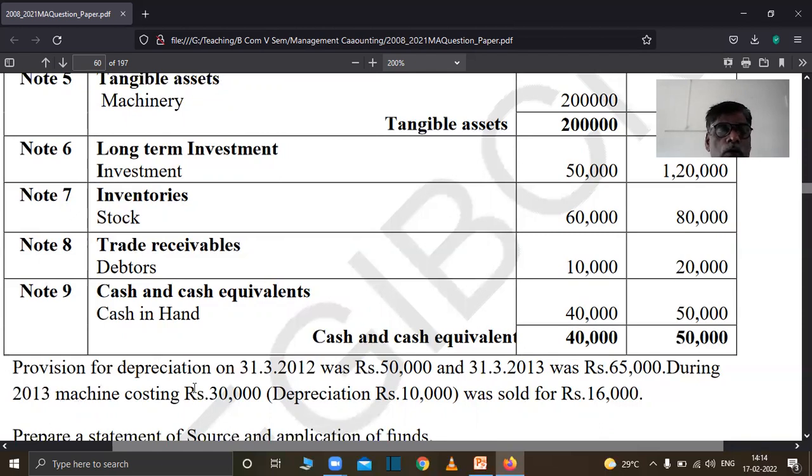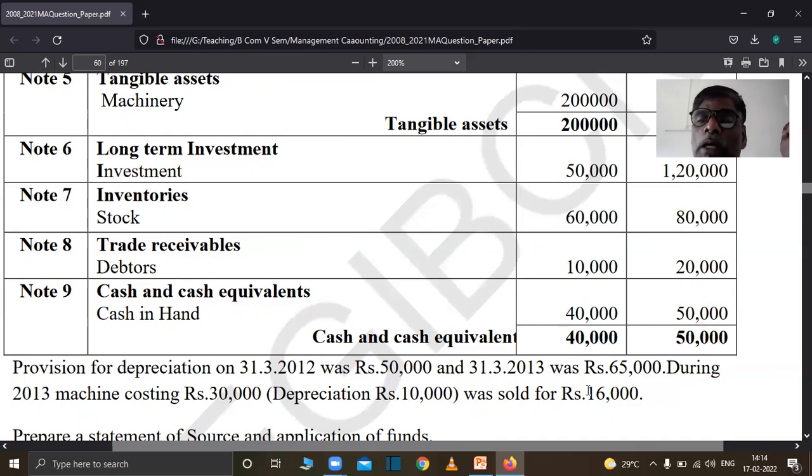A machine costing rupees 30,000 sold for rupees 16,000. Okay, and depreciation charged on that is 10,000. Out of 30,000 cost, you deduct 10,000 depreciation. 20,000 is the present value.